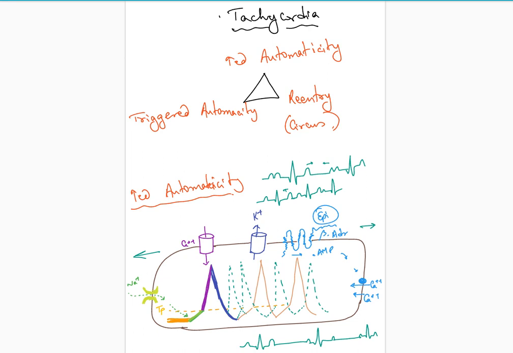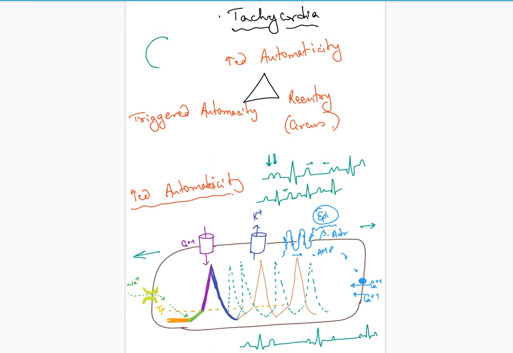So if you notice in the ECG, if this happens, let's say from the atria, then look over here. Can I have this kind of situation that there are two P waves? Tell me, yes or no? So, two P waves.